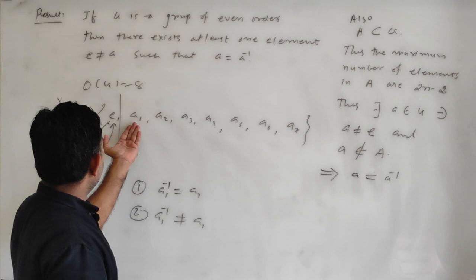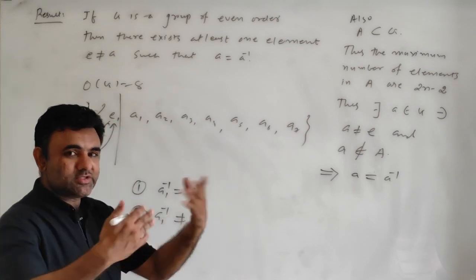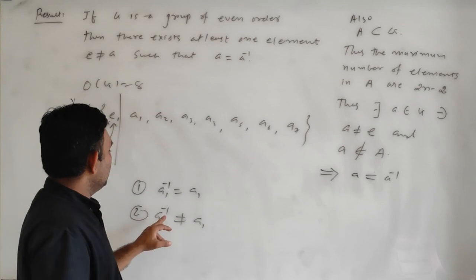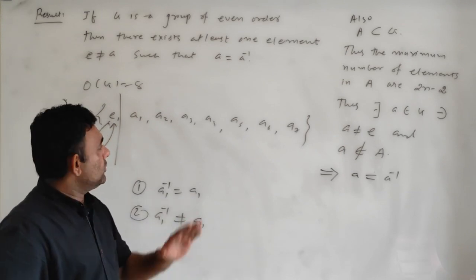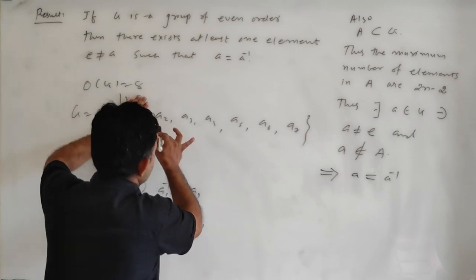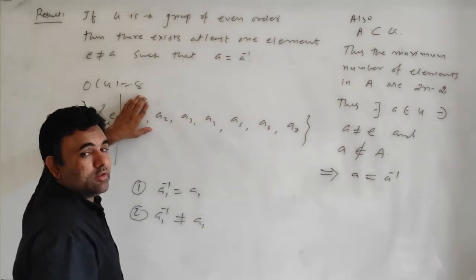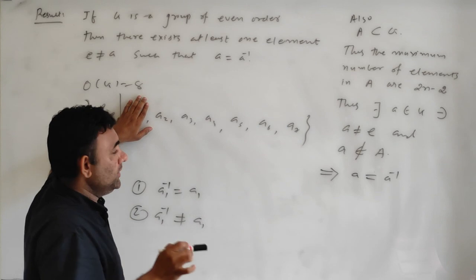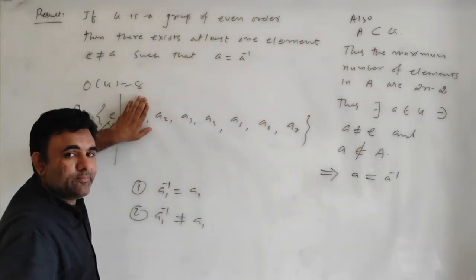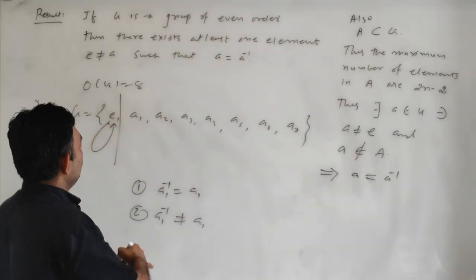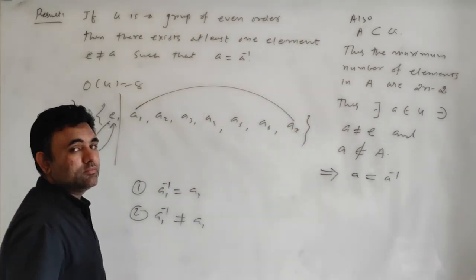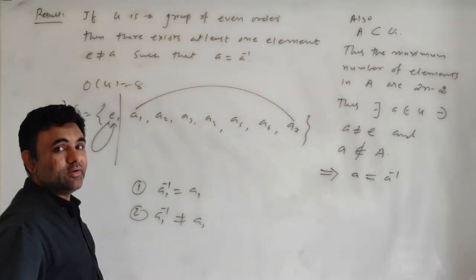We get one element a1 which is other than identity, whose inverse is itself. So I assume that a1 inverse is not a1. Then a1 inverse is definitely among a2, a3, a4 up to a7. So without loss of generality, suppose a1 inverse is a7.